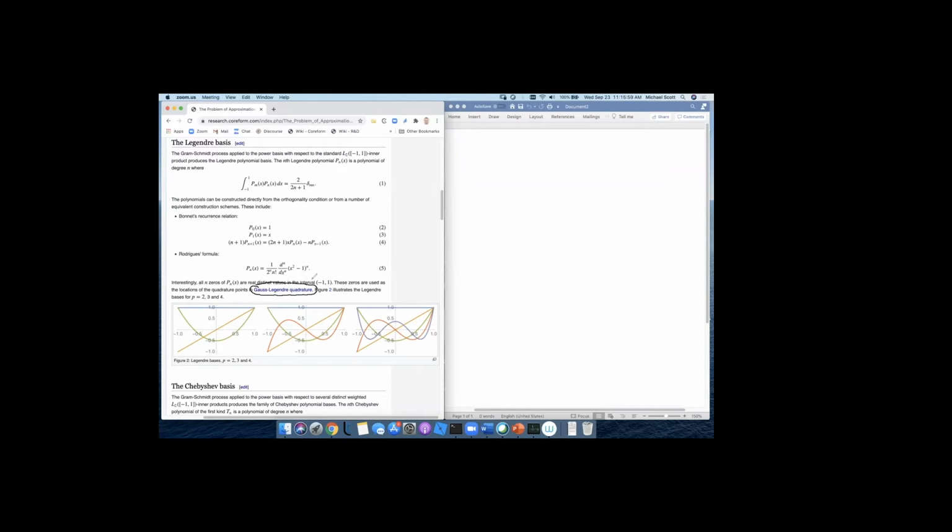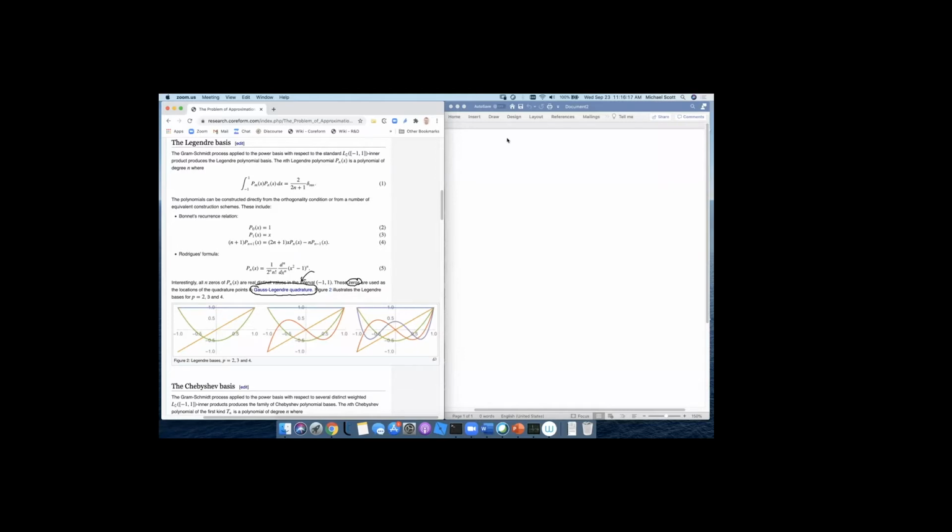Like Gauss-Legendre quadrature is the zeros of the Legendre polynomials, because you can show under certain conditions that that essentially is the optimal interpolating polynomial for this space, for this basis.